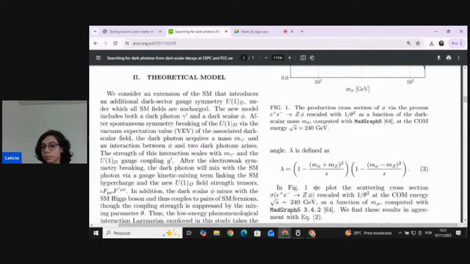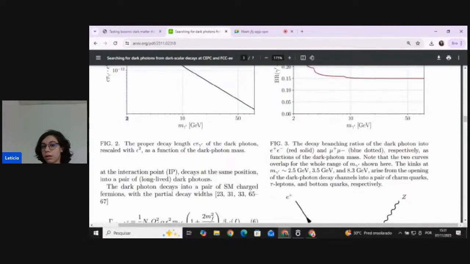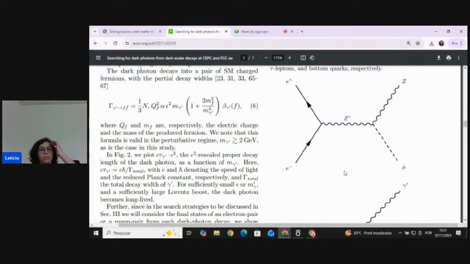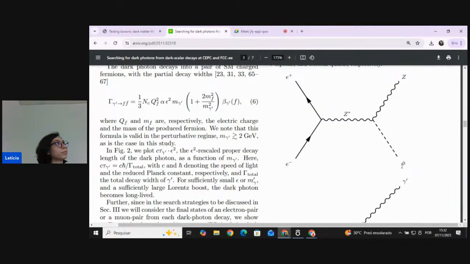So the main case that they are looking for is this case. So this dark scalar would be a Higgs-like scalar. So it's a singlet added to the standard model, and it will be introduced via the group that is introducing the dark photon as well.